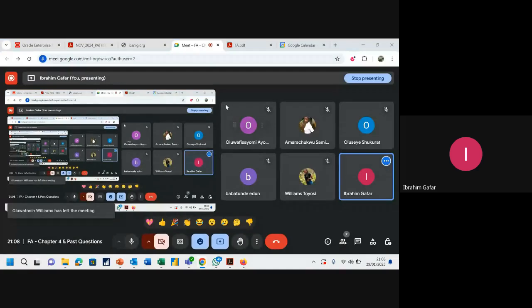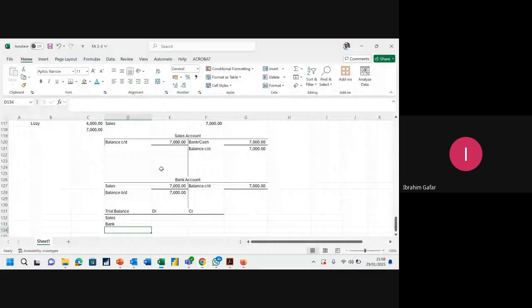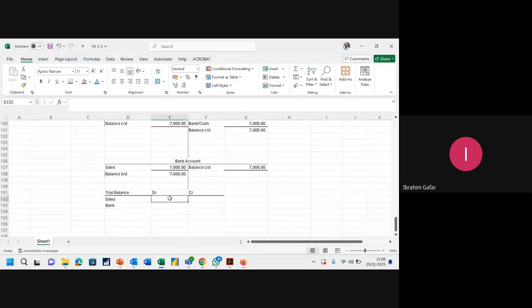As we're doing it, it's pretty simple and straightforward. Now, sales, because sales is on this balance. No, sorry. This is bank, right? Then you have balance brought down here. On the debit side, anywhere you have your balance brought down for a particular GL, that's where you're going to put it in the trial balance.